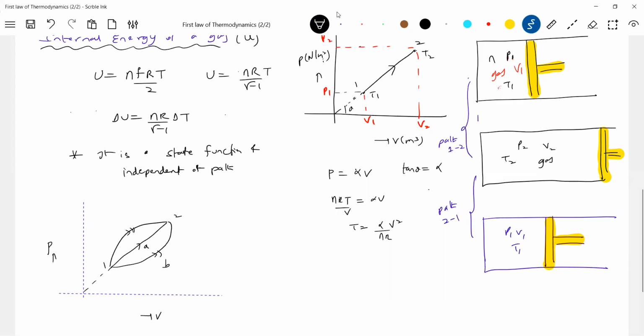There's a process A, B, C. What do you mean by process? Different path. We'll call this process here. And now, how am I moving the piston? I'll move the piston in such a way that pressure will be directly proportional to volume.